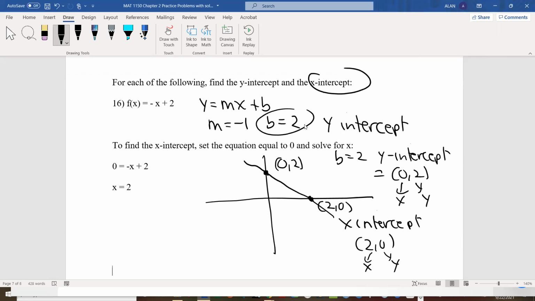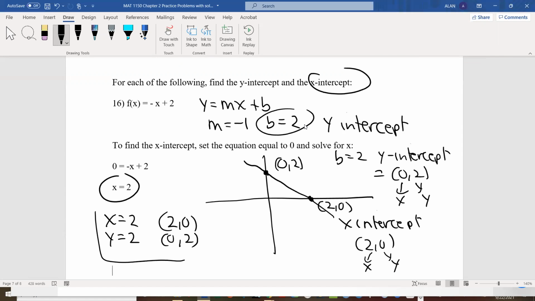According to this, it's -1. So you can write these intercepts as x equals 2 and y equals 2. Or you could write these as the points 2, 0 and 0, 2. It means the same thing because these are the intercepts.